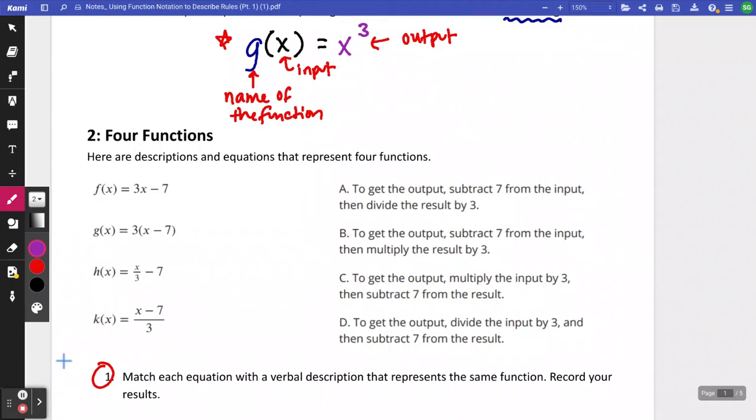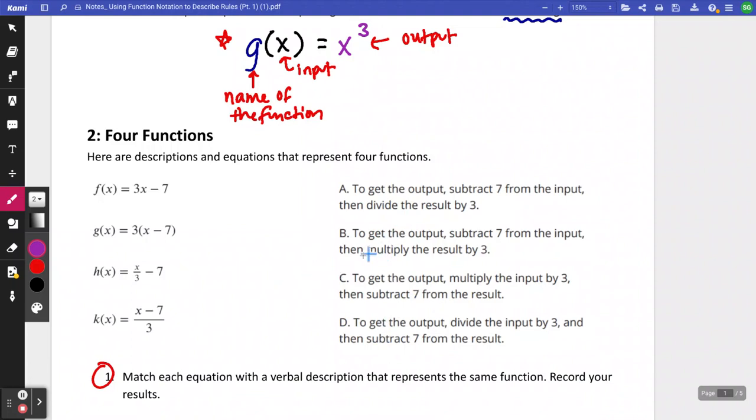All right. So as we're looking at these 4 functions, there are 2 pairs of similar functions, I would argue. Both of these first 2 involve multiplication, and these last 2 involve division. The difference has to do with how much of the function is being multiplied or divided. So right away, as you're reading through these 4 descriptions, all of them are going to mention subtracting that 7.